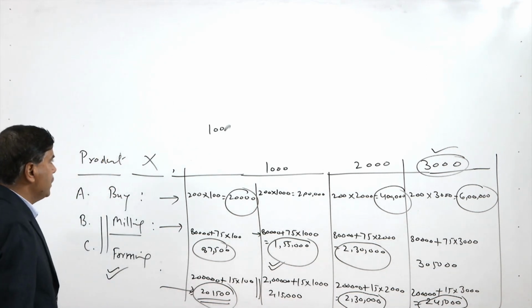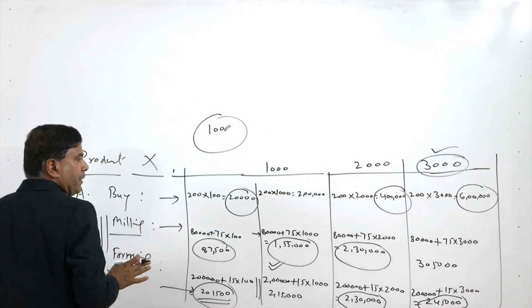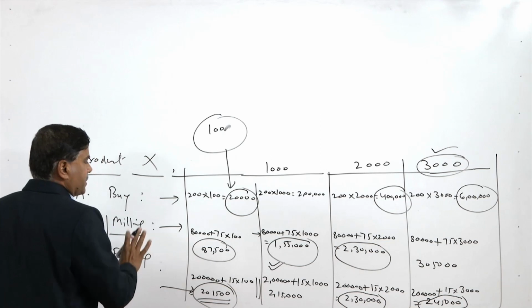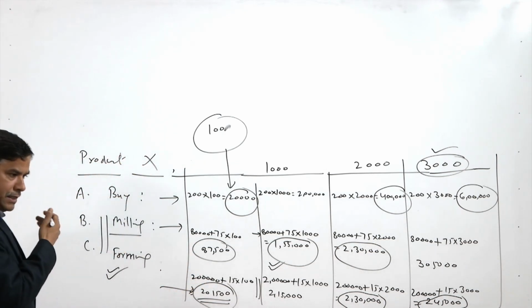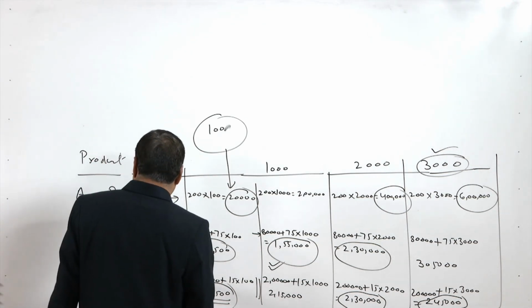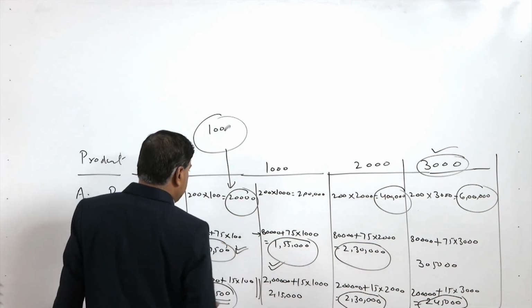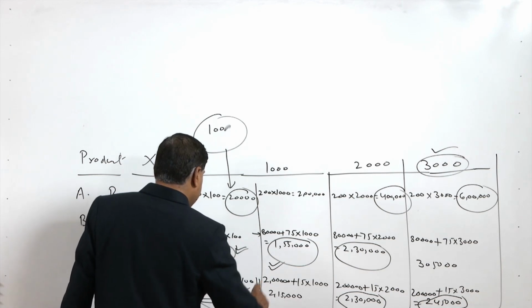the forming. So, for low volume production or low volume requirement, the best option is to go and buy from the market, because there is no initial investment requirement and there is a direct variable cost where the product can be bought directly from the market. And in case of milling it is 87,000, and for forming it is 2,05,000.